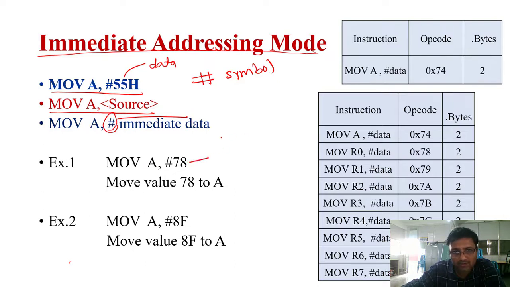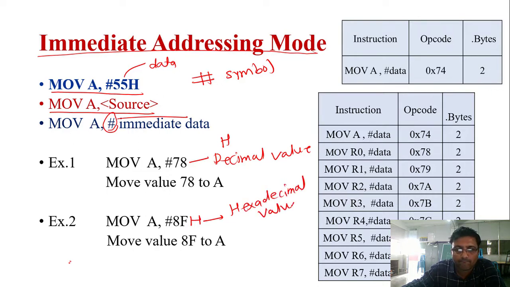Here I am not specifying h, so this means a decimal value. And whenever I write h there, as in 8Fh, this is a hexadecimal value. So this loads 78 decimal into the accumulator, and this loads 8Fh into the accumulator.